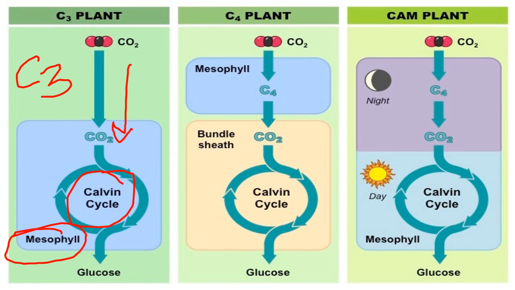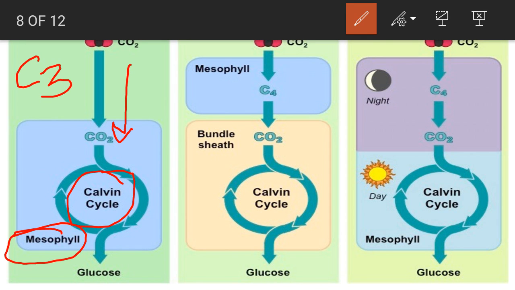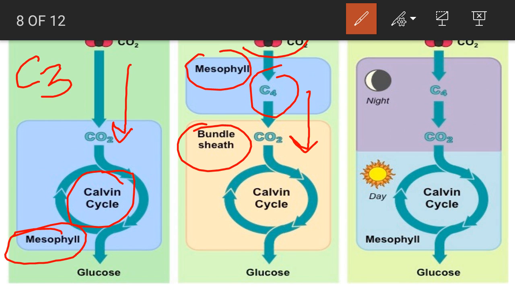Now in C4 plants, what happens? Carbon dioxide is received by the mesophyll cell and converted into C4 acid. Now this C4 acid gets decarboxylated in the bundle sheath cell, where carbon dioxide is fixed into the Calvin cycle and ultimately forms a carbohydrate.